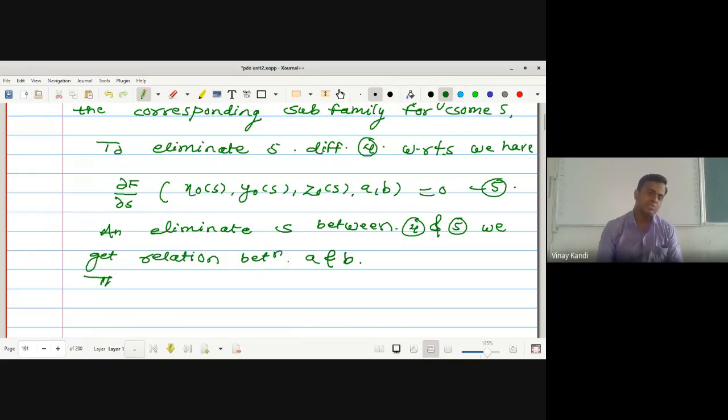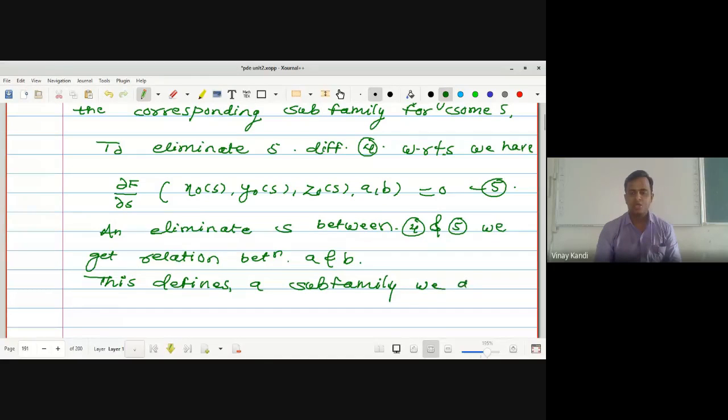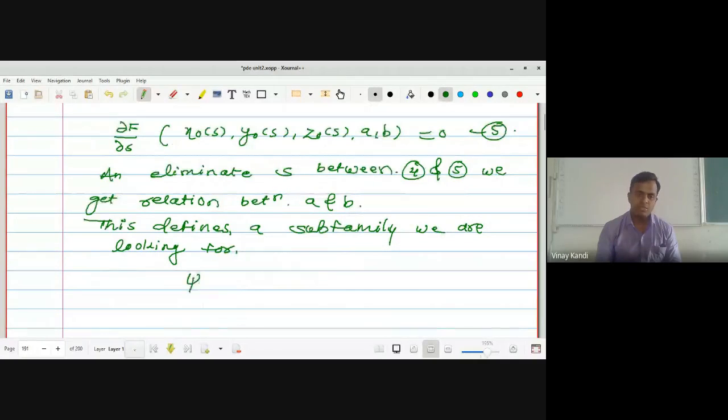And this defines a subfamily, the subfamily we are looking for. That relation is given by ψ(a, b) = 0. Let's call it equation number 6.